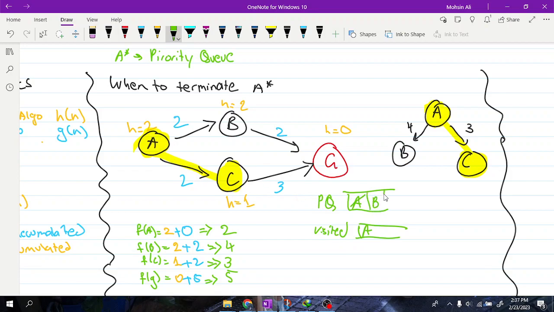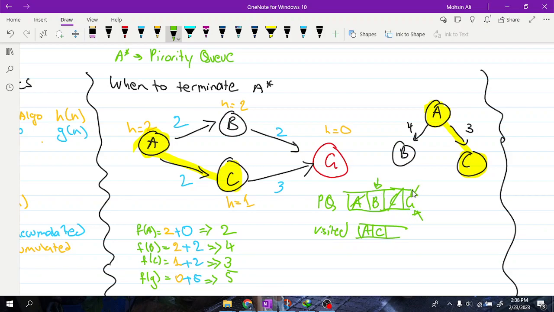So I put B, and then I put C. The f cost of B is 4, the f cost of C is 3, so I'm going to take out C first. So I get C as visited, and I put G over here. Now I have G as 5 and B as 4.